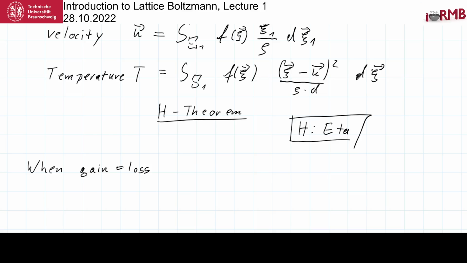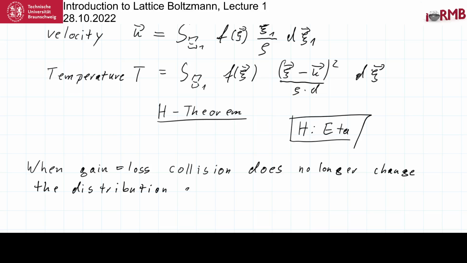So when gain equals loss, because eventually this will happen, collision no longer changes the distribution, and then the distribution is said to have reached equilibrium.